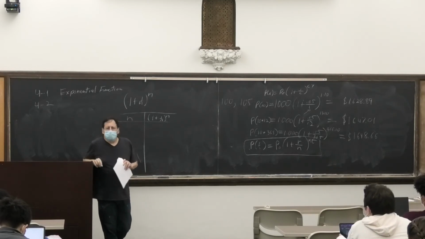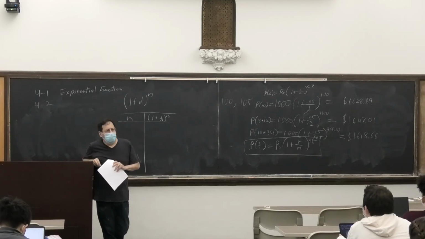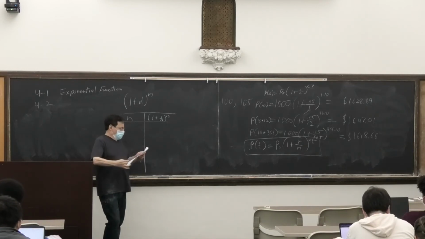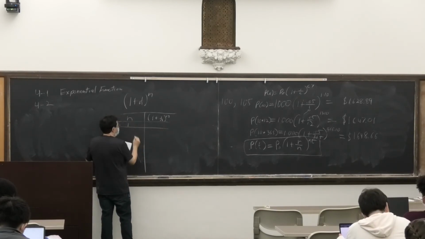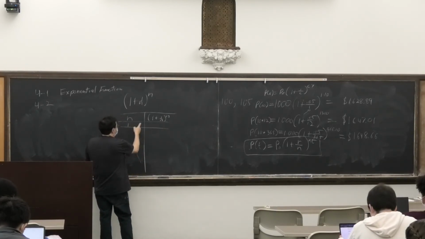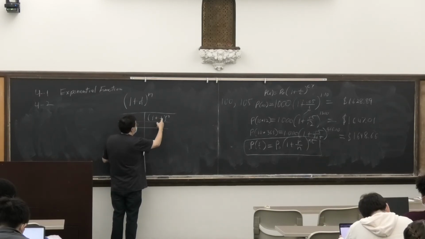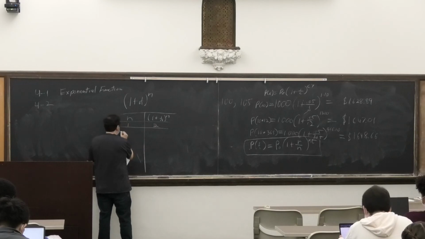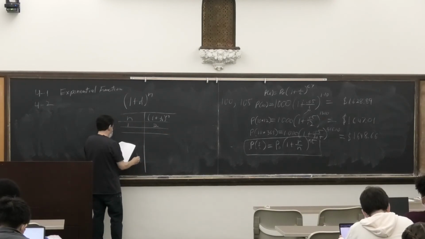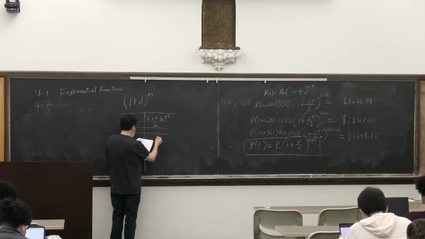Just curious, has anyone seen this before? Anyone recall this, where we're going? Okay. Most of you might have seen this before, but I guess not. So if I plug in 1, well, that's 1 plus 1 over 1 to the 1, which is 2. If I plug in 10, you need a calculator, but it's about 2.59.